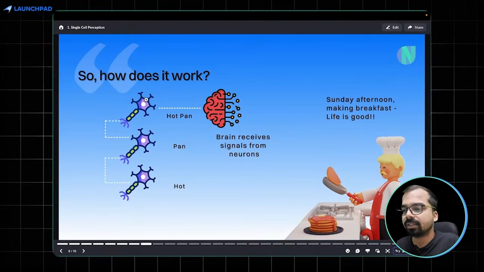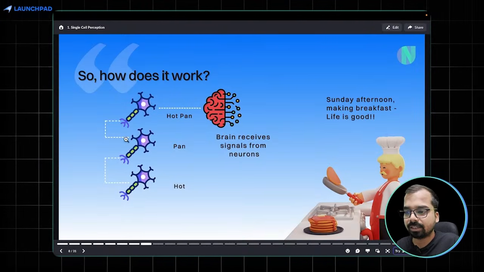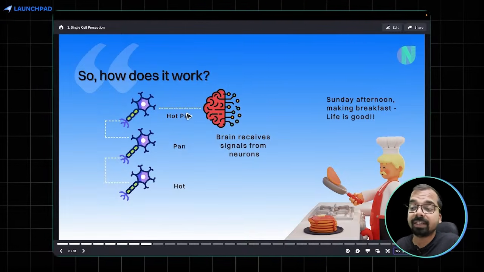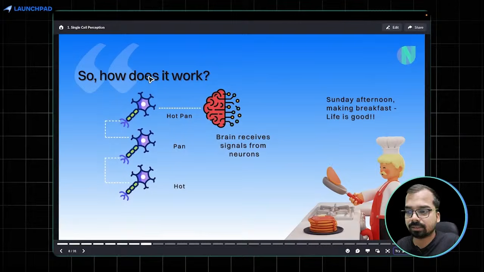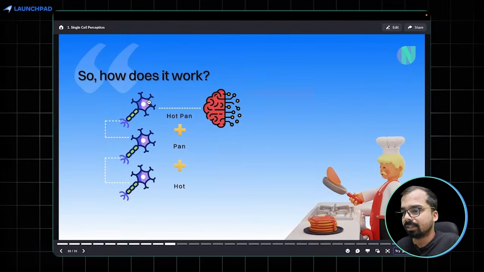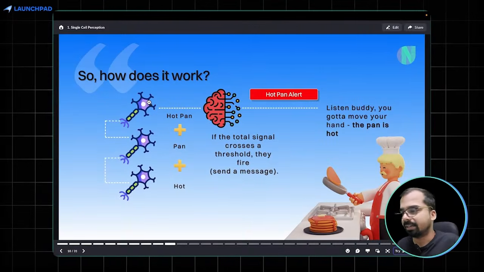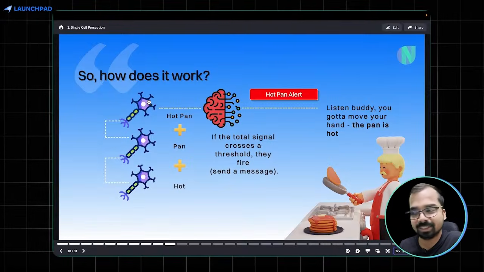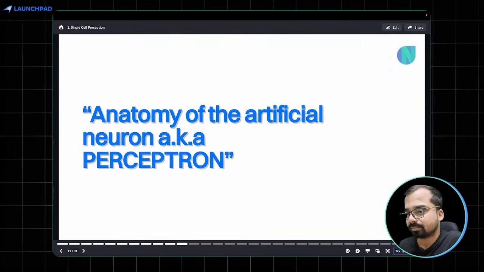And then there is a third neuron that takes inputs from both these neurons and says that it's actually a very hot pan. When this neuron gets activated, we trigger a hot pan alert and say, listen buddy, you gotta move your hand, otherwise you're gonna get burnt, right?